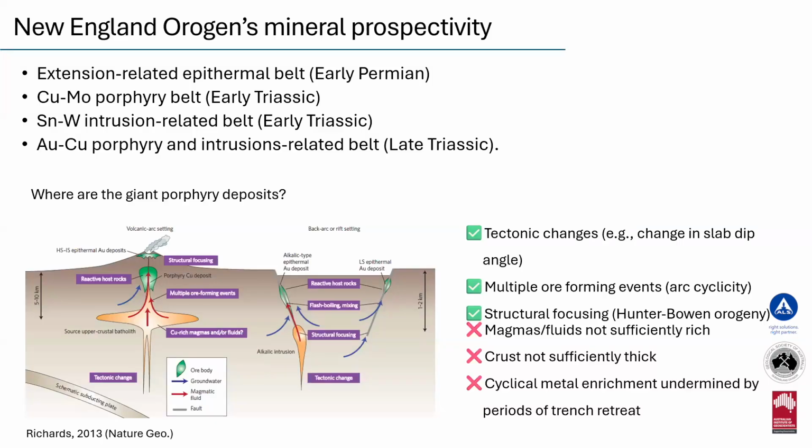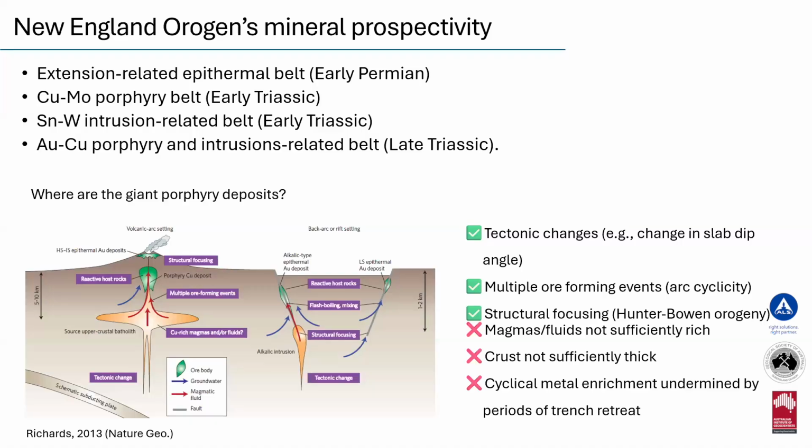Yes, essentially that's the point that I tried to make in the first example that I showed from the Andes, that the space and time scales are absolutely comparable. The map of the Central Andes was pretty much the same scale as the map of the whole of the New England, and the time scales are comparable, I think, in terms of long-lived subduction zones and the cyclicity in magmatism.